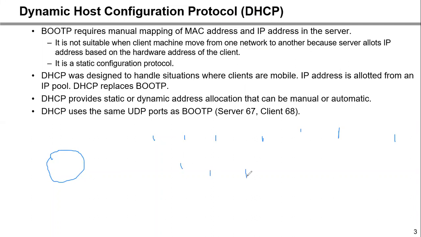What happens? They don't have operating systems. They get switched on, and they are completely clueless what to do next, because they don't have any operating system and they also don't have any IP address.